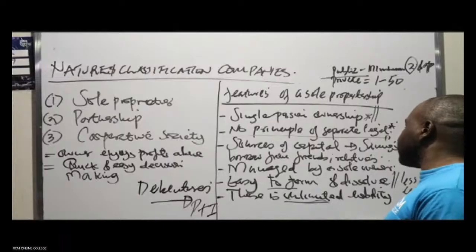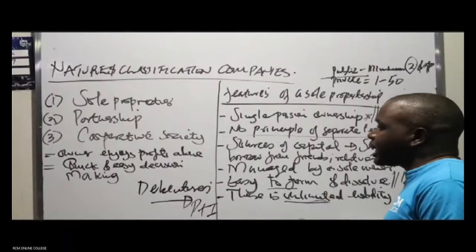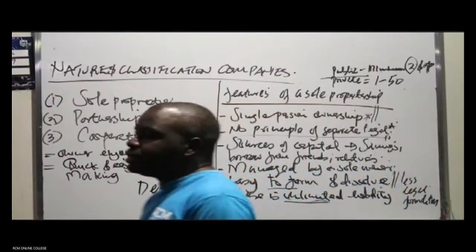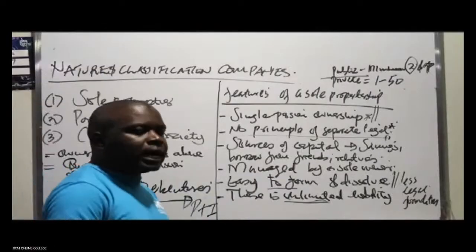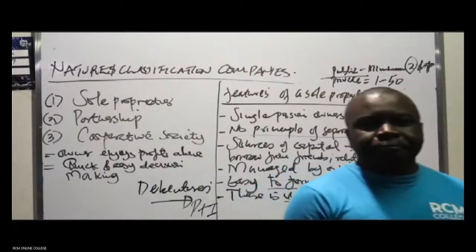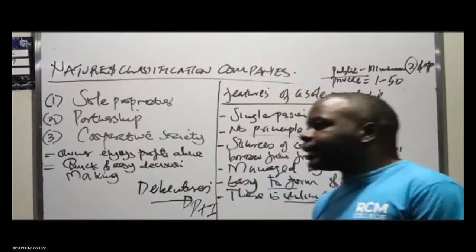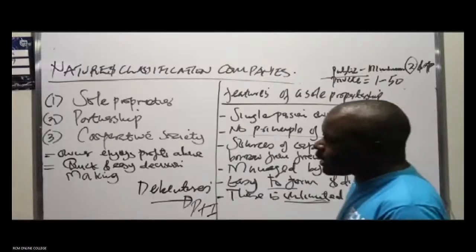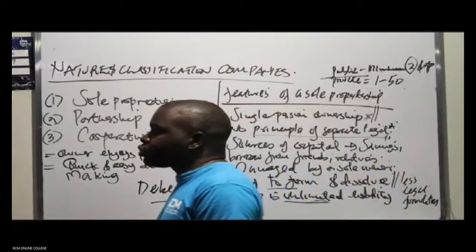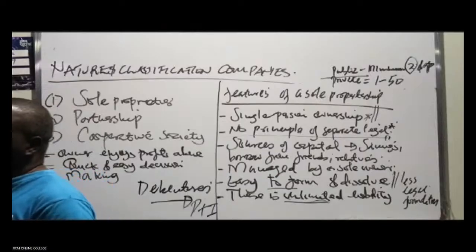So the difference here is that in a company, we can have, not all companies, because we can have unlimited companies, but in a company, we can have a limited liability. In a sole proprietor, limited liability does not exist. If it happens, then the business is liable. The personal assets of the sole owner are easily attacked to do what?